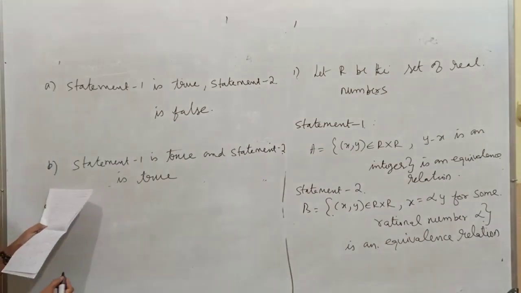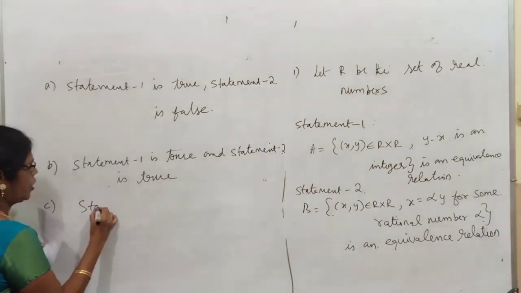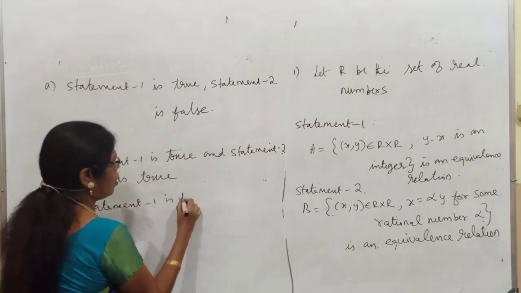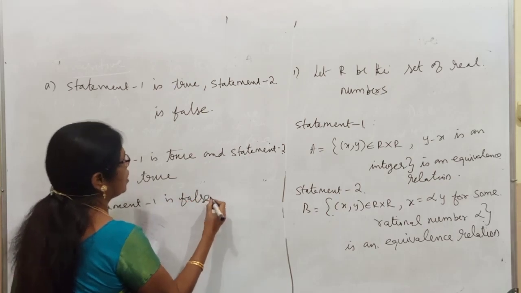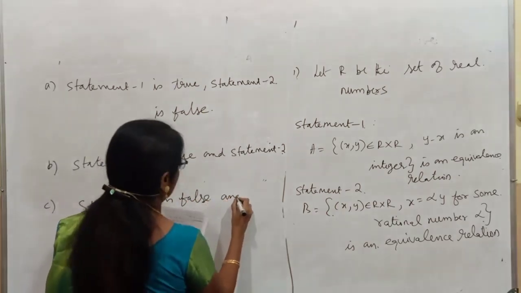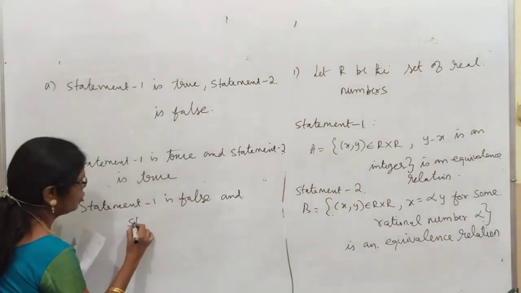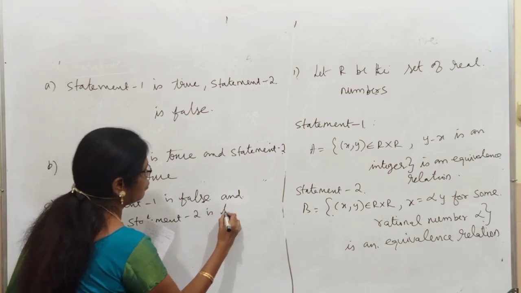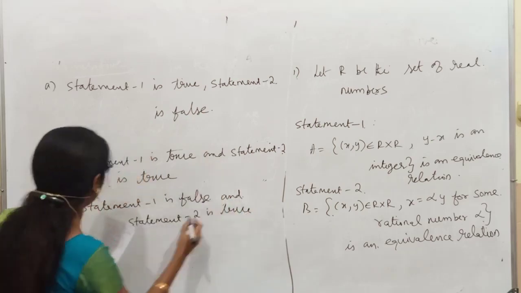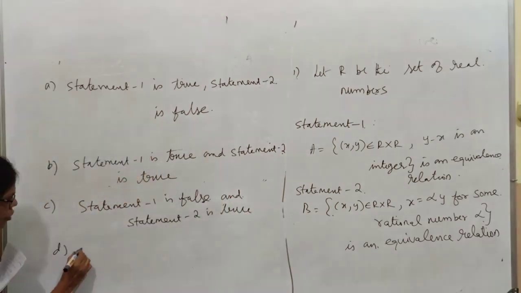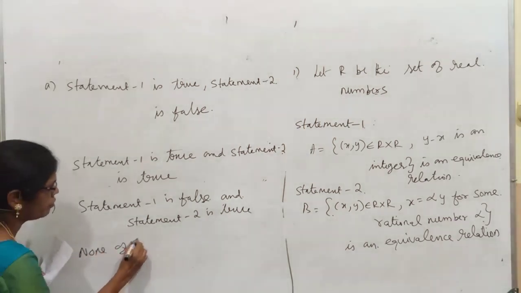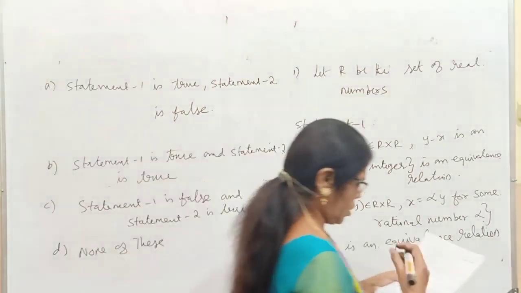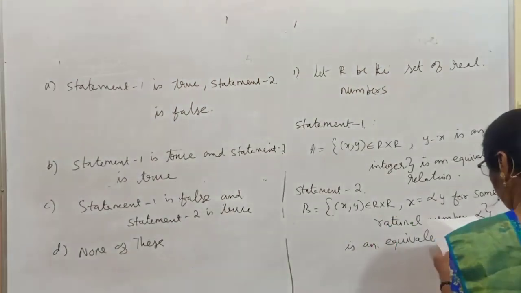C, statement 1 is false and statement 2 is true. So now listen, the answer is in this only. I will put the fourth option as none of this. So right, you take this question and tomorrow we will discuss this one.